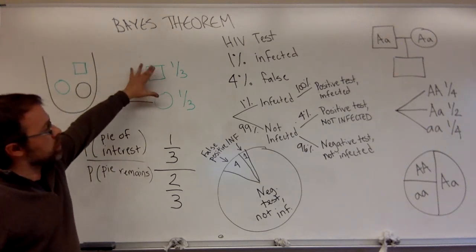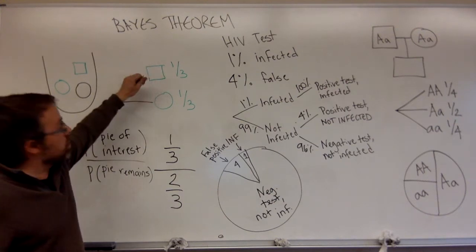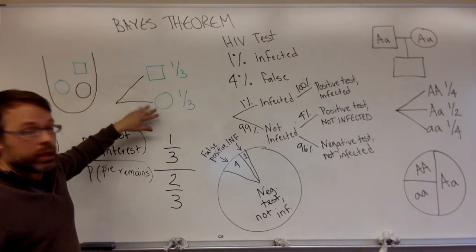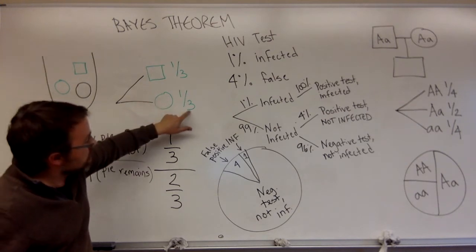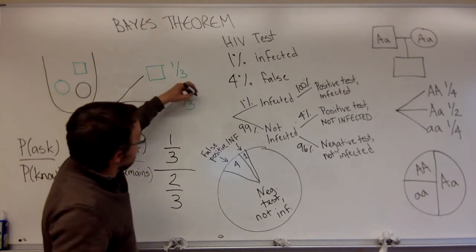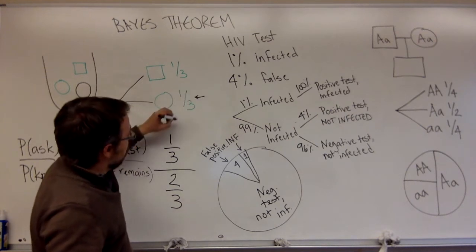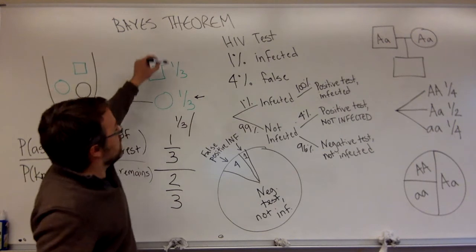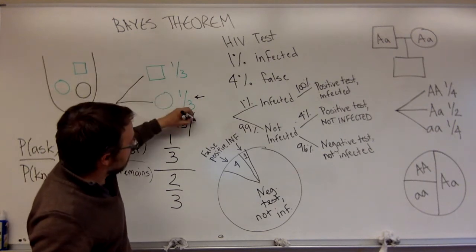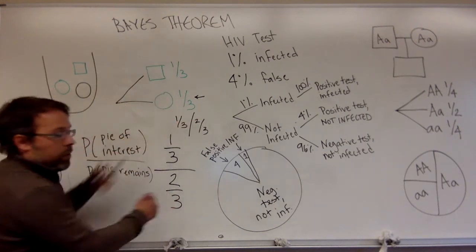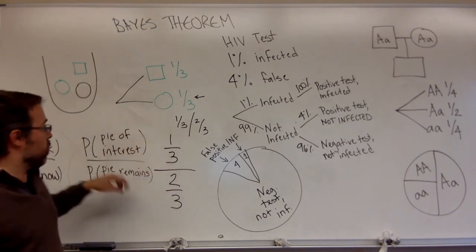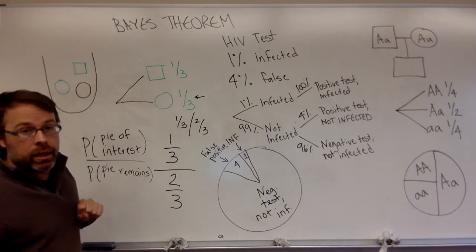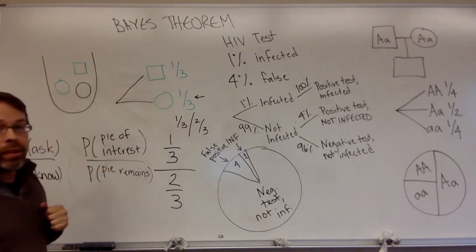And so we can also see that here. The explicit way to do it: we would take what we know, 1/3, and divide it by the sum of everything that's left. 1/3 plus 1/3 is 2/3. So they're the same method, but one is visual with the pie, and the other one is explicitly using our different paths.